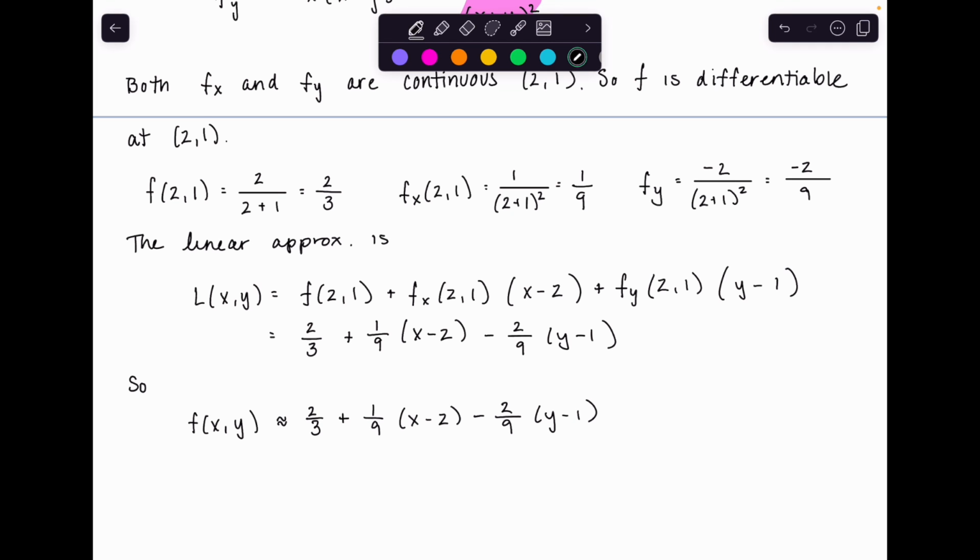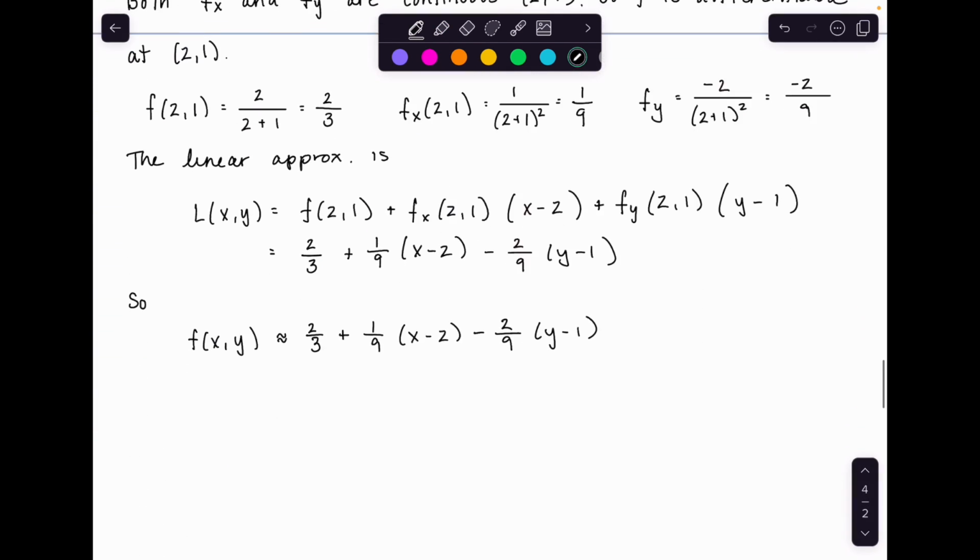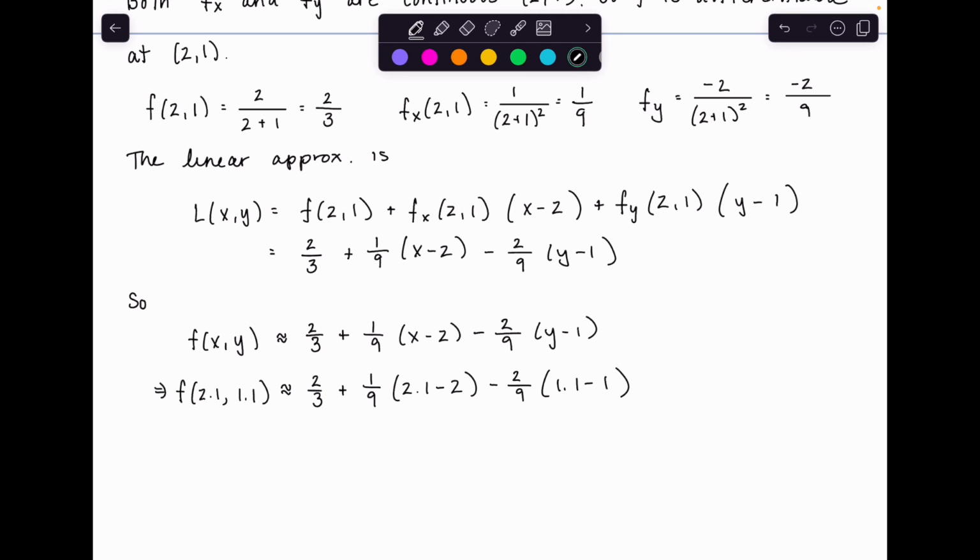If I want to approximate, going way back up here, 2.1 over (2.1 plus 1.1), I can instead plug everything over here. Our function at (2.1, 1.1) is about equal to 2/3 plus 1/9 times (2.1 minus 2) minus 2/9 times (1.1 minus 1).